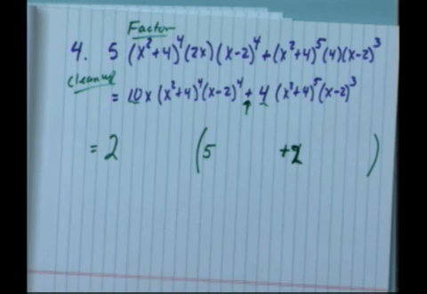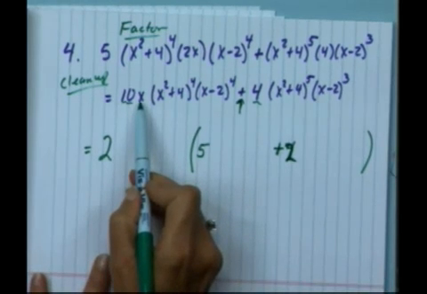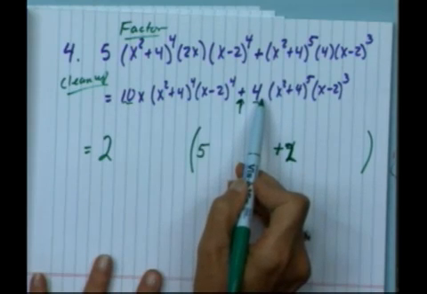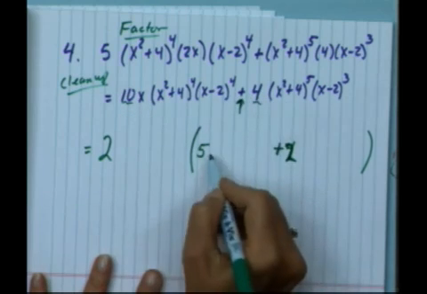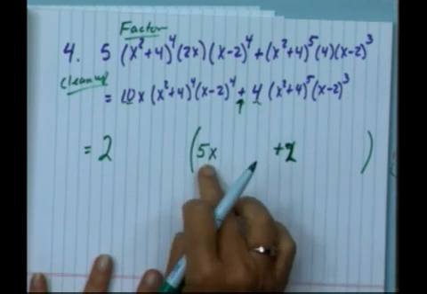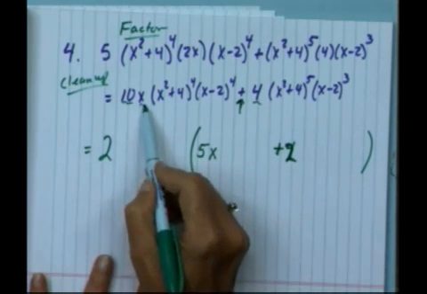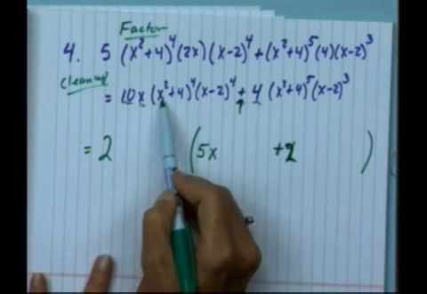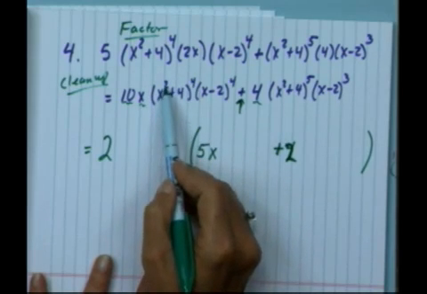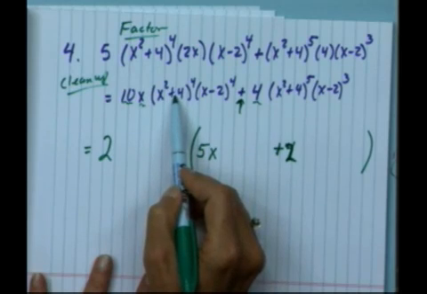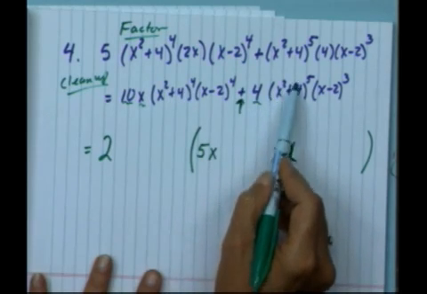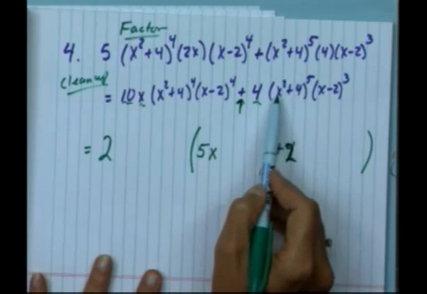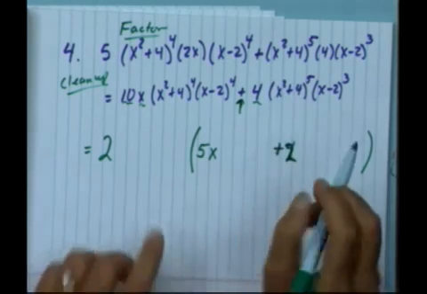Everybody good? All right, now I see a factor of x in the first term, but I don't see a factor of x by itself in the second term. So there's not a common factor there, so I'm just going to put the x with the 5. Okay? Now, in the first term, I have 4 factors of x squared plus 4. In the second term, I have 5 factors of x squared plus 4.